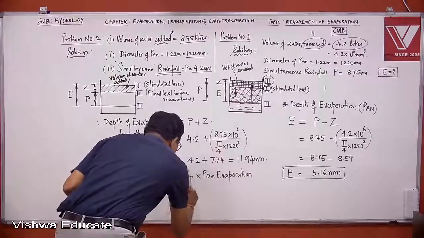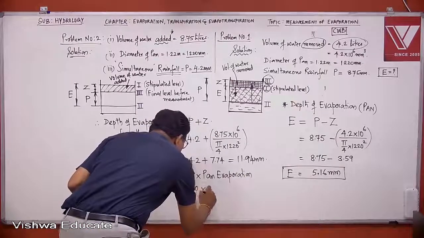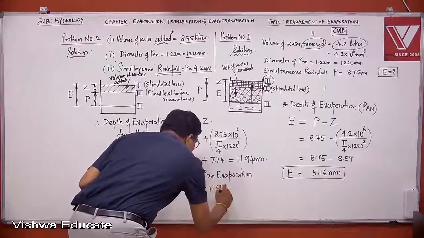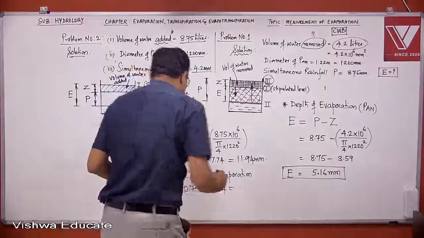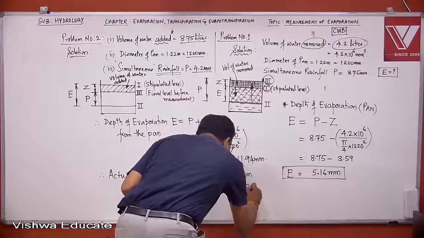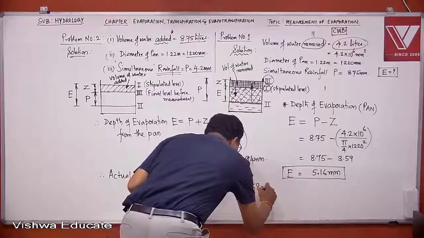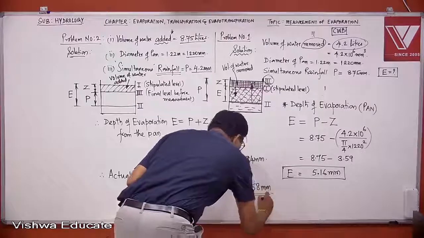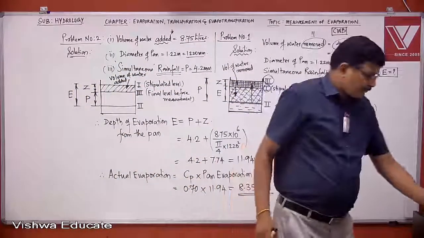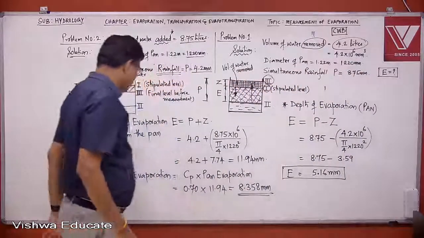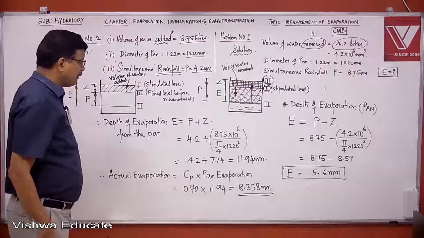So this is 0.7 times 11.94, which comes to about 8.358 millimeters. Okay, so that is how we calculate the evaporation.